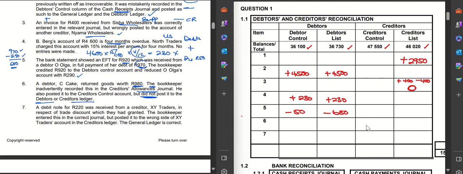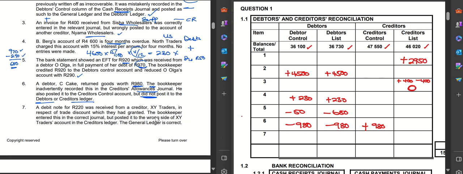So we should go and edit back, plus 980. This must have been recorded in the debtors control. When we come to the debtors control, we are now saying debtor returned goods, minus 980. And the list, minus 980, because it is a return that was not recorded properly.